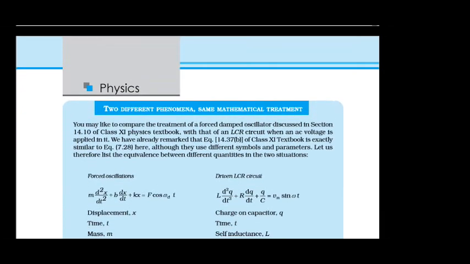Even if the resistance were zero, the total energy of the system would not remain constant. It is radiated away from the system in the form of electromagnetic waves, discussed in the next chapter. In fact, radio and TV transmitters depend upon radiation.